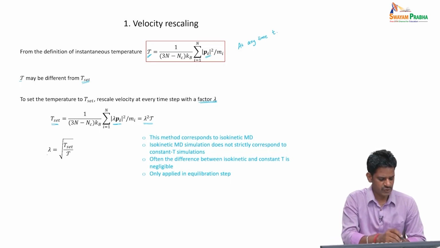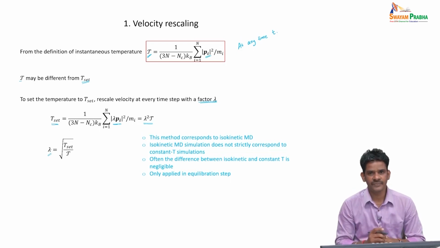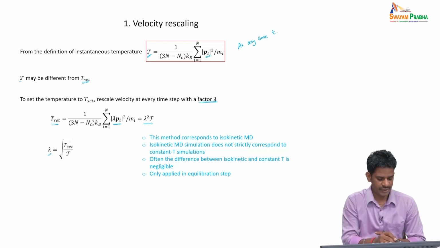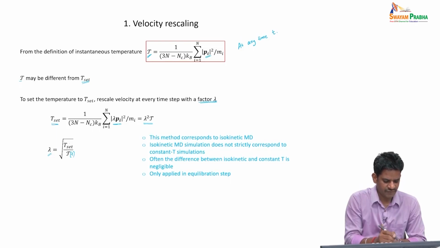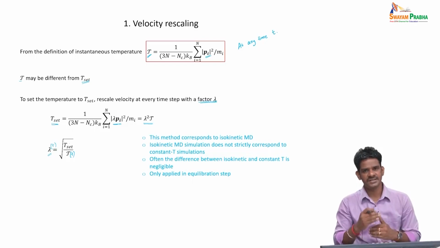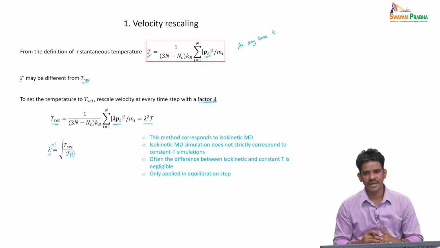From here we can solve for the scaling factor: lambda is the square root of T set divided by the instantaneous temperature T. The instantaneous temperature is a function of time, so lambda is also a function of time. That means the scaling factor keeps changing depending upon the instantaneous temperature.